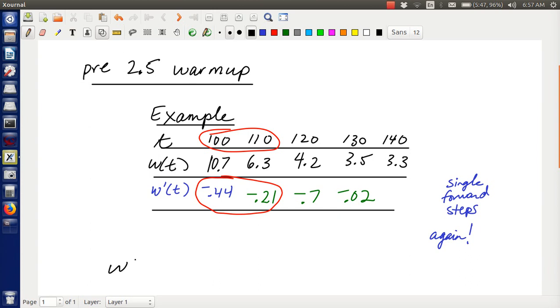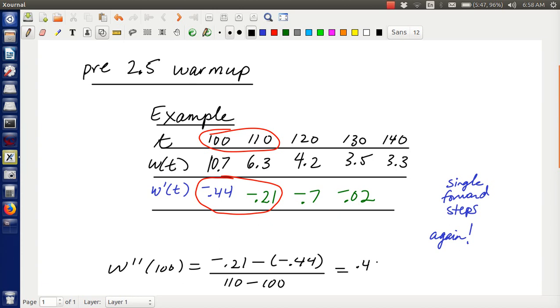So the second derivative at 100 is going to be minus 0.21 minus a negative 0.44 divided by 110 minus 100, and that's going to give me 0.44 minus 0.21 over 10, etc.